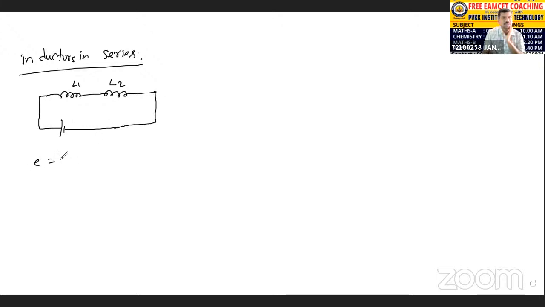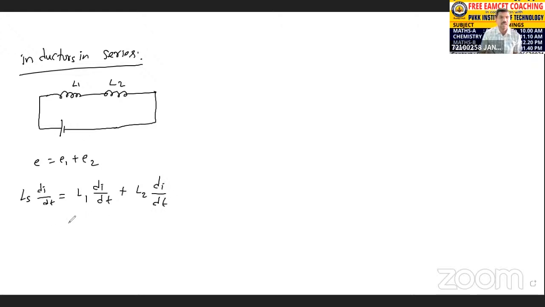So E is equal to E1 plus E2. E is equal to L S into di by dt, which is equal to L1 into di by dt plus E2, which is L2 into di by dt.